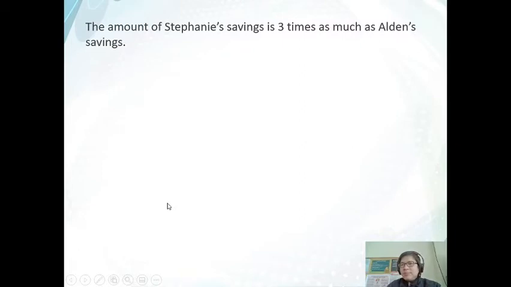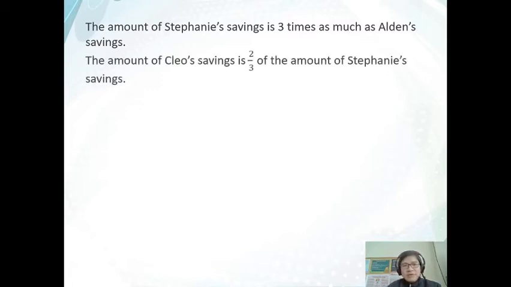Next. Still the same problem, the same story between Stephanie and Alden, still 3 times, no difference at all, but this time we have another person. Who is that? Cleo. Let's say the amount of Cleo's saving is 2/3 of the amount of Stephanie's saving. The second sentence is stating Cleo's saving when we compare to Stephanie's saving.